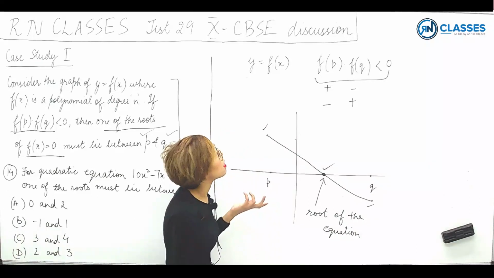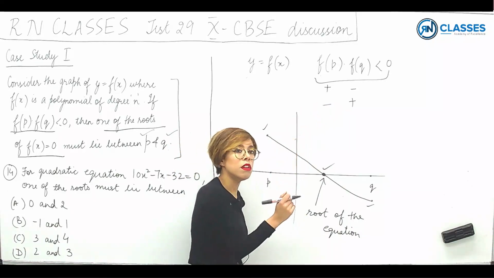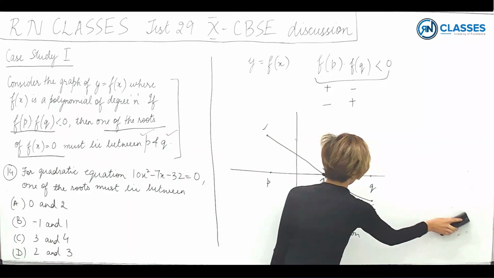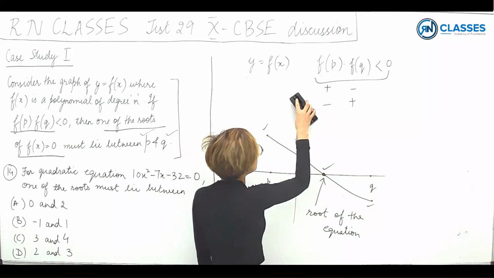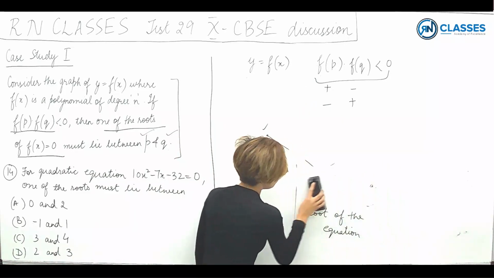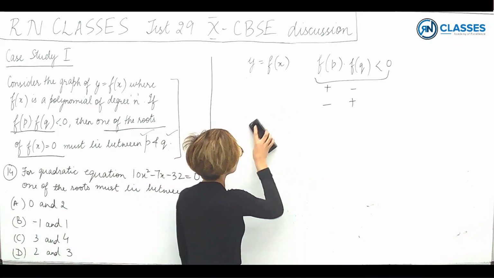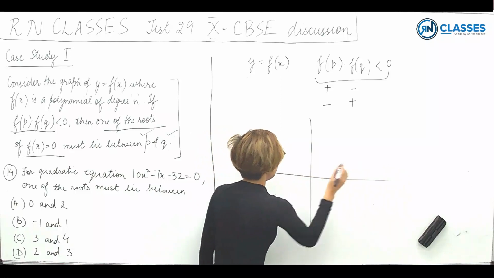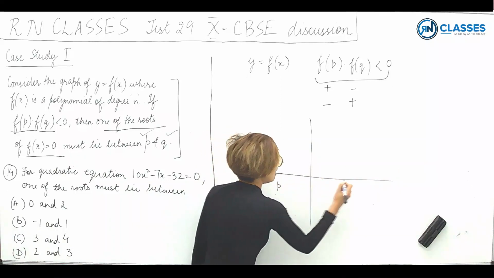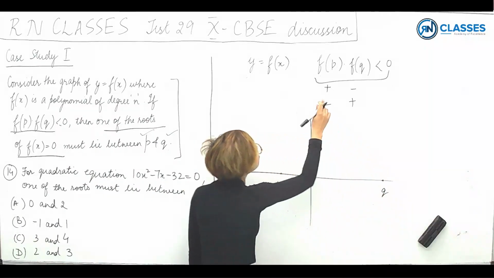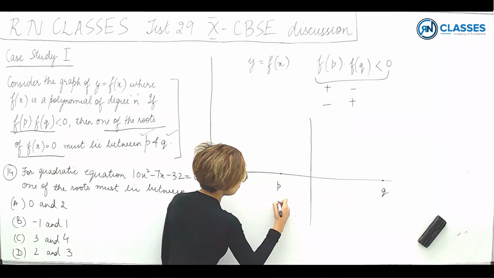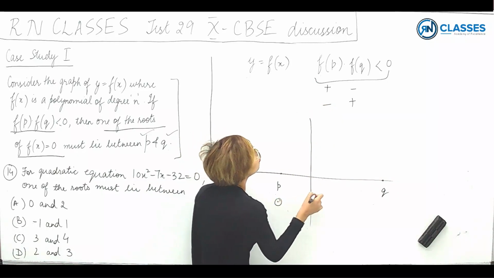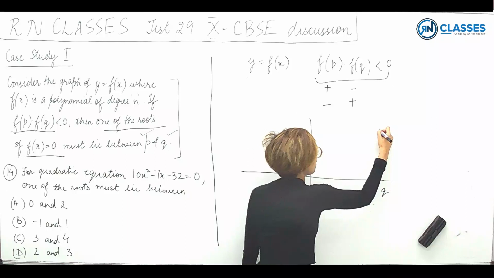Right? You might say, ma'am, what if the second scenario is there? Absolutely, let's consider that as well. Now, let's take f of p as negative, so let's make another graph. Again, let's take p over here and q over here. Now, f of p is negative, so suppose this point, and f of q is positive, so suppose this point.